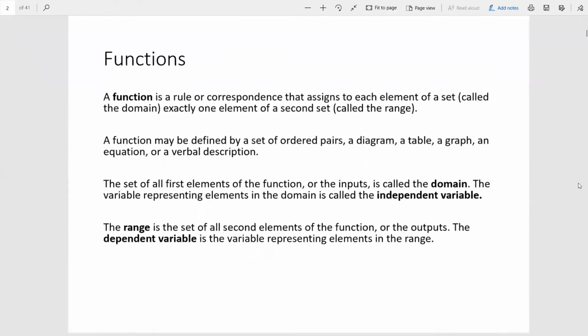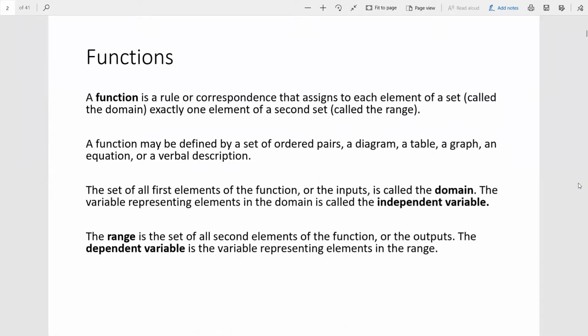First, we're going to get into some definitions. A function is a rule or correspondence that assigns to each element of a set called the domain another element in a second set called the range.